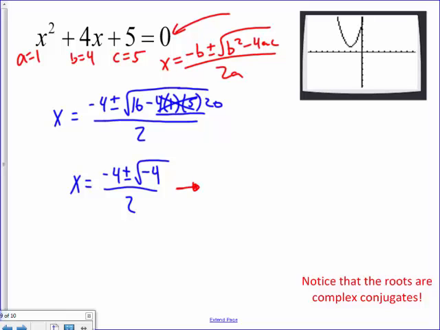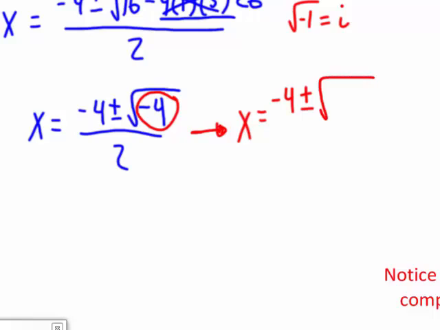What I want to do is break this up and almost like take a negative 1 out of it somehow. Because I know the square root of negative 1 is i, and that's important. So I'm going to write this as x equals negative 4 plus or minus, instead of writing the square root of negative 4, I'm going to write it as the square root of negative 1 times 4. And why would I do that?